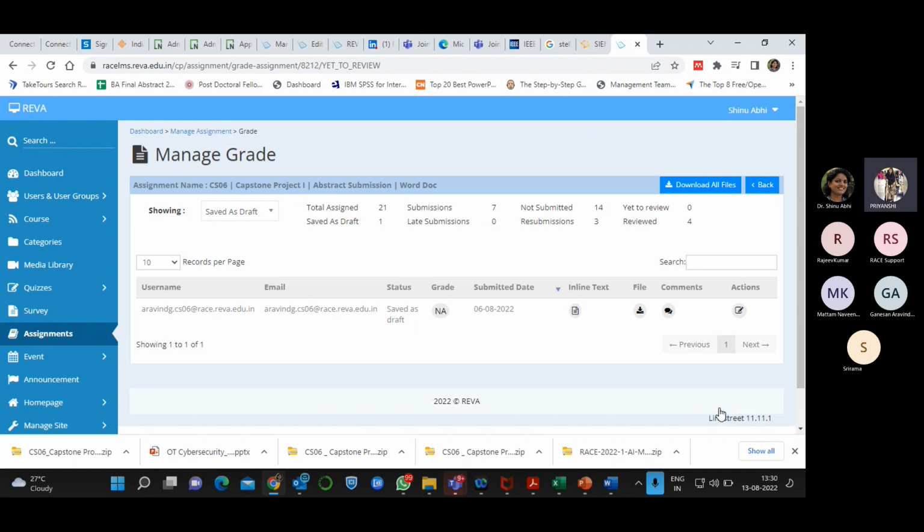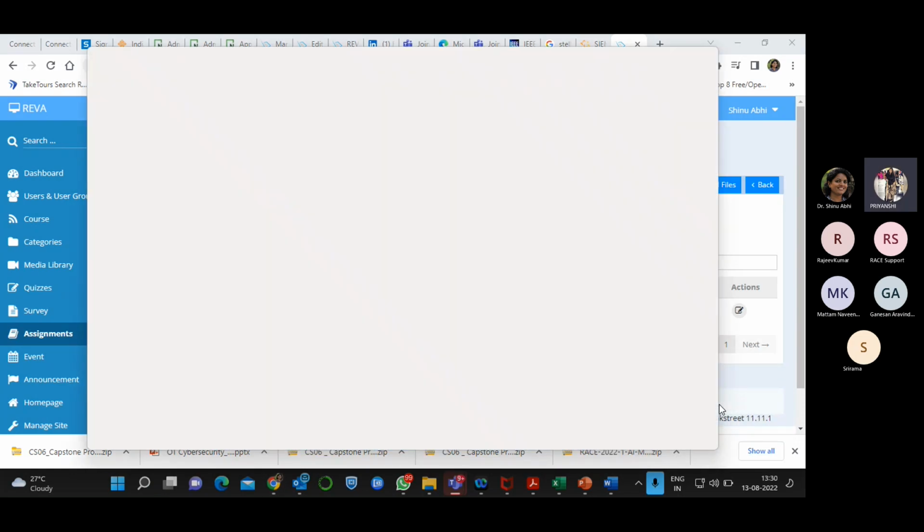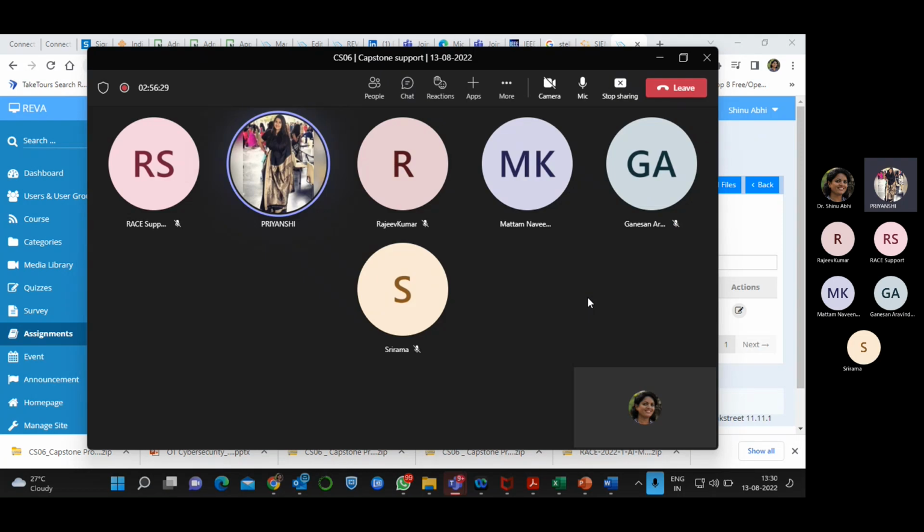Shinu and Priyanshi here. Just a few things I wanted to check. If Sandeep sir is there, I think that would be helpful as well. So I was just working on updating the presentation. If I divide the thing into two phases as we discussed, in the first phase I would look at the automated solution giving the IOC analysis, and the IOC targeted would be URLs and domains, and it would pull in the real-time data.